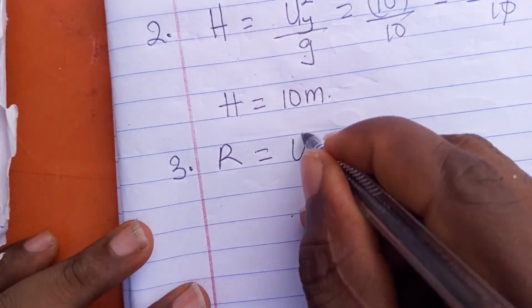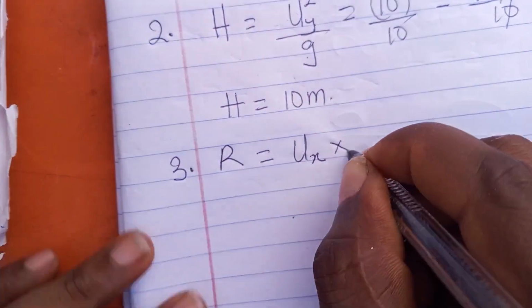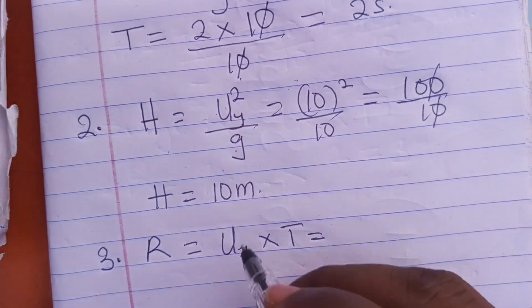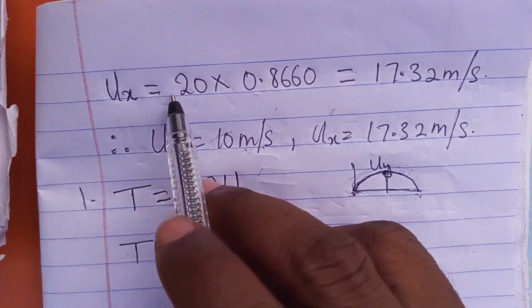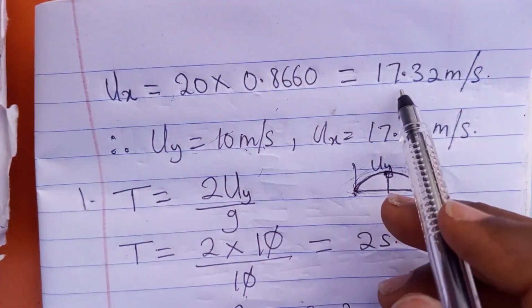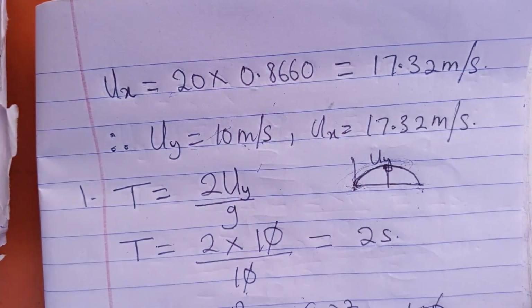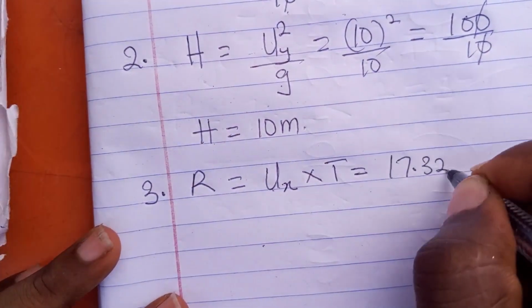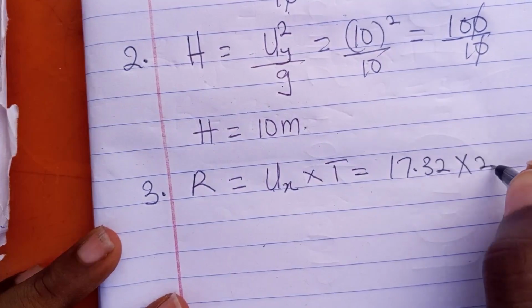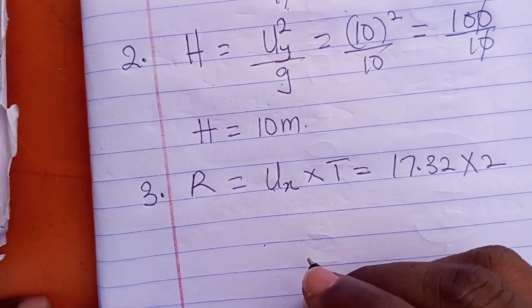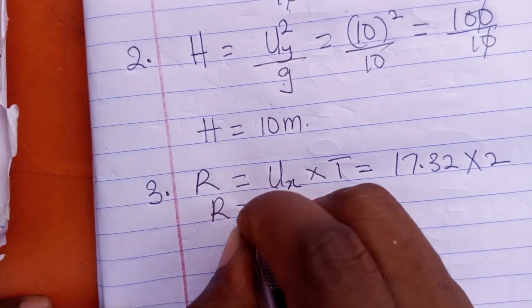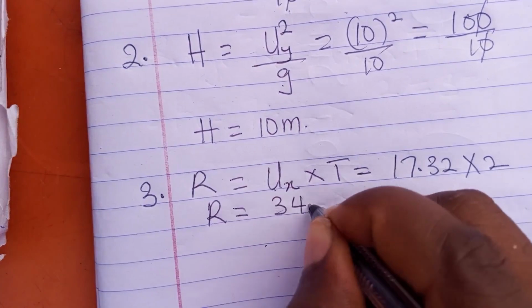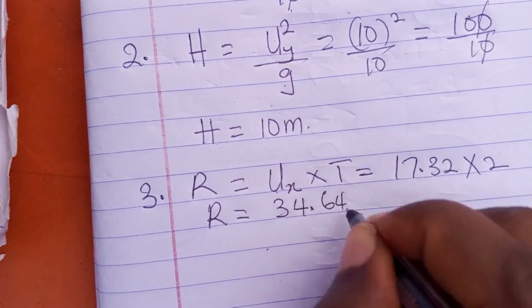So ux is 17.32 meters per second times 2, which is the total time, and the horizontal distance is 34.64 meters.